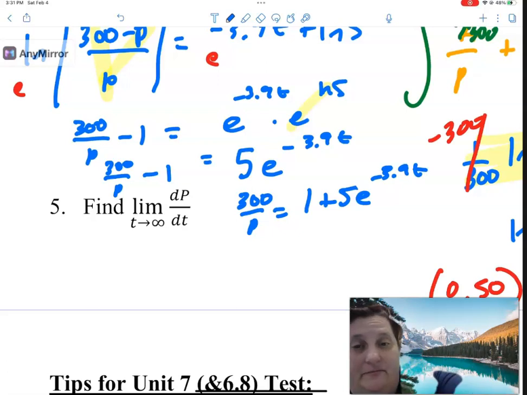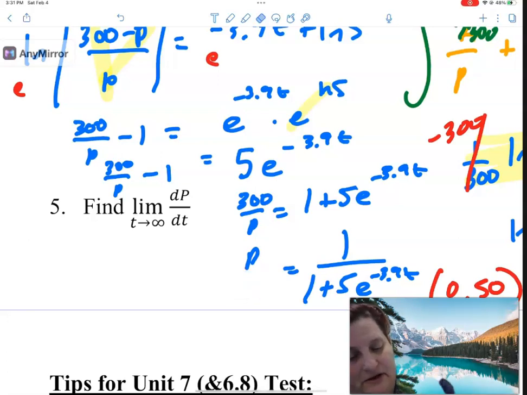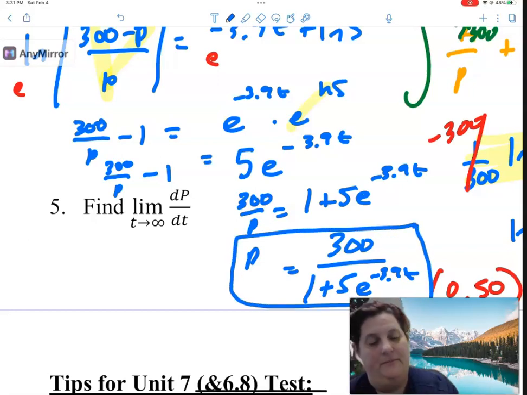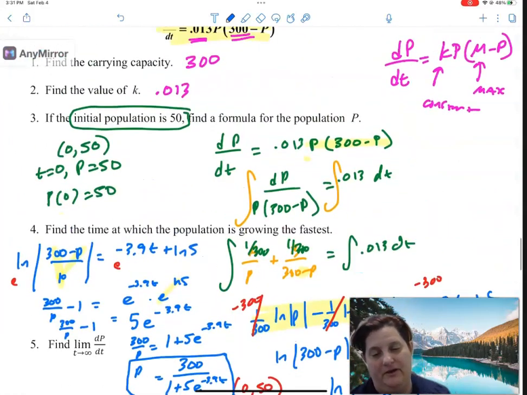I solve for p by flipping it, so I take the reciprocal, put 1 over that entire thing, and then I multiply the 300 to the other side. Dang, guys. That's crazy. That was all for number 3, okay?